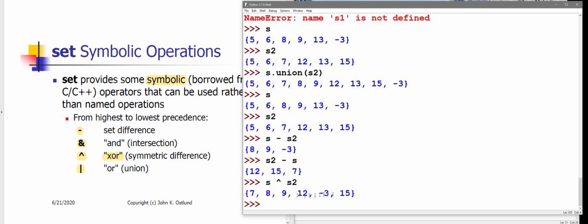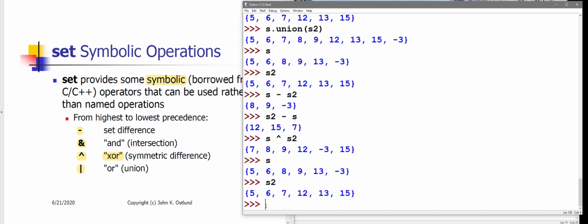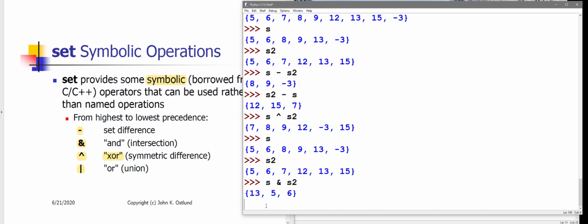All right, so this is all of the items that are in S but not S2, or that are in S2 but not S itself. Intersection is the ampersand symbol. Here's S, here's S2. S intersect S2 is going to be 5, 6, 13. Well, here shown in a different order.